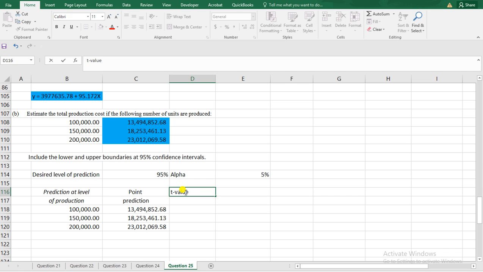So we must have our T value, our standard error of prediction, and our margin of error.